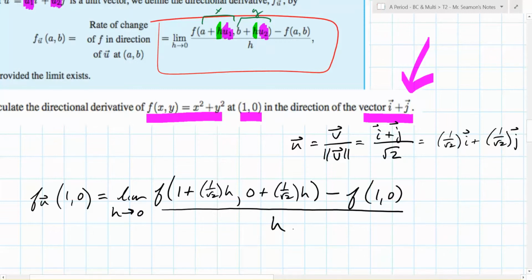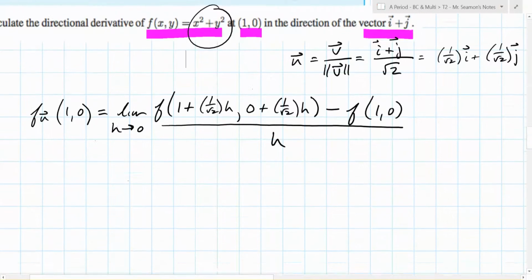Now you just have to be careful about plugging this stuff in. Luckily, is that a nice function right there, relatively speaking? Could that function be a lot worse? Yes, it could. If that function was much worse, you'd have to do tons of algebra, and you'd say, I don't want to do that.